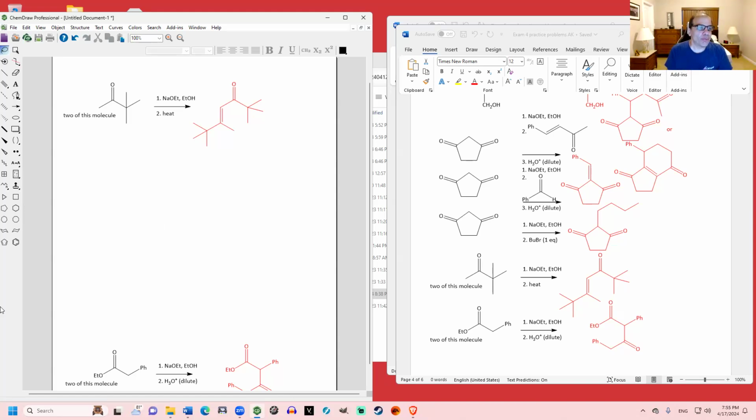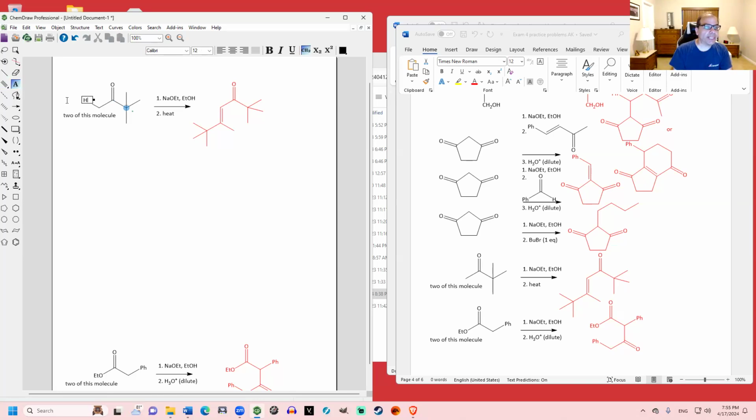Okay, so the first one we know is an aldol reaction. The way we know that is because we're given two ketone molecules that have alpha hydrogens over here. And these can be pulled off with any suitably strong base.